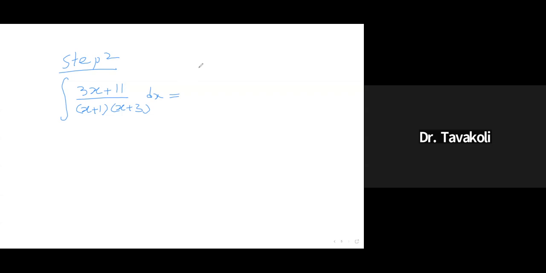By step 1, I know that the fraction 3x plus 11 over x plus 1 times x plus 3 can be written as the sum of these two fractions, 4 over x plus 1 plus minus 1 over x plus 3.